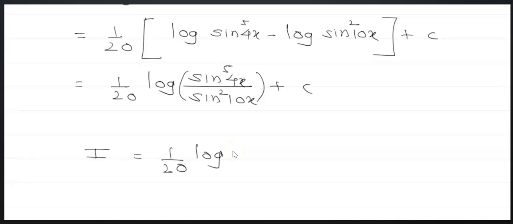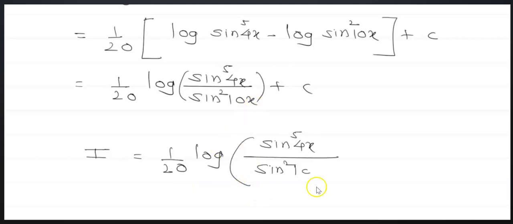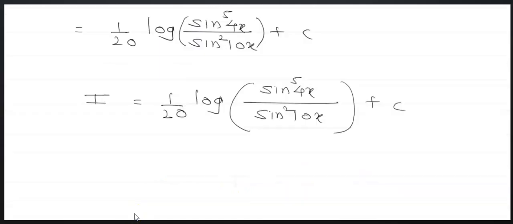Therefore I is equal to 1 upon 20 log of sin of 4x raised to 5 upon sin of 10x raised to 2, bracket complete, plus c.